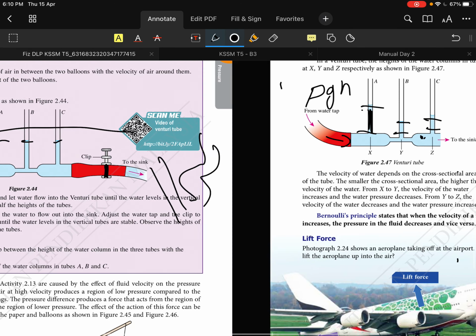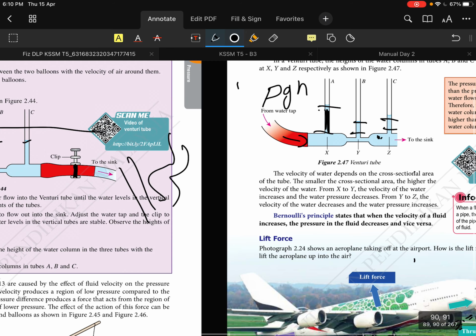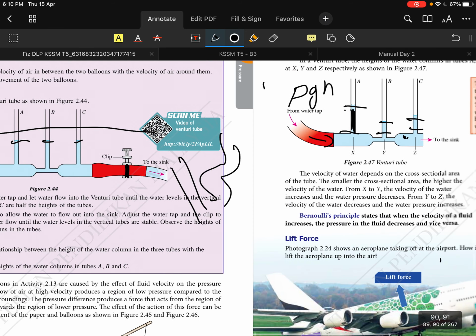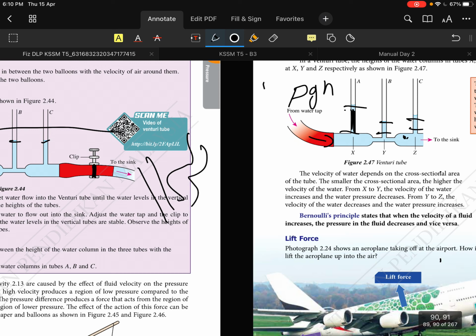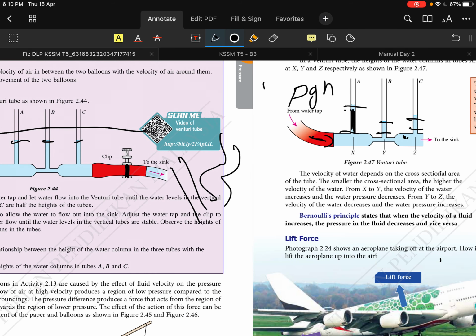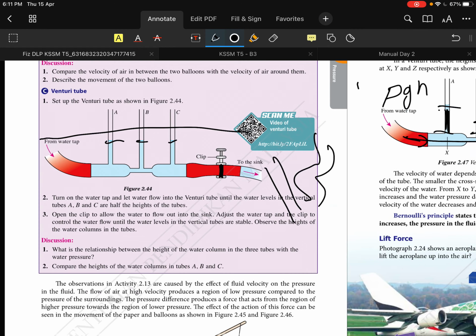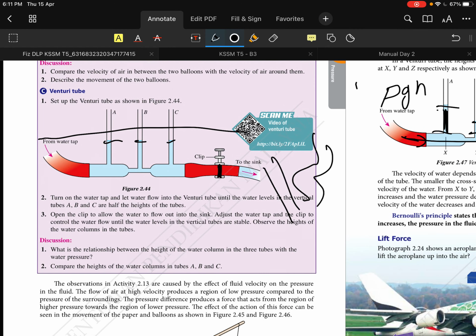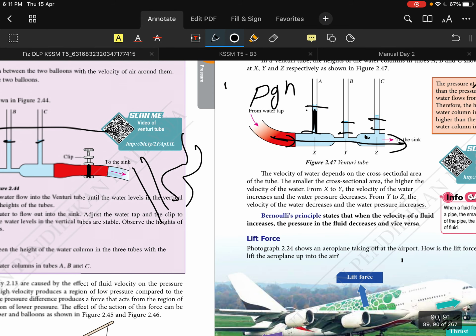And then after you open the clip, the water will flow to the sink. So you fill it up first, and at this time there is no velocity yet. But after this, there is velocity. So the pressure will decrease. So the level of A will decrease slightly.